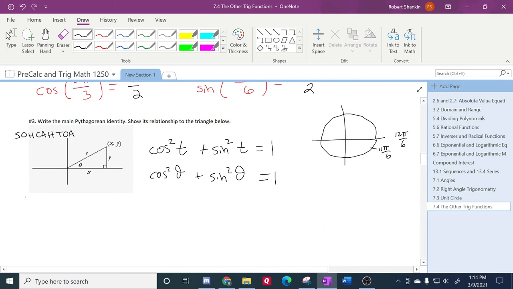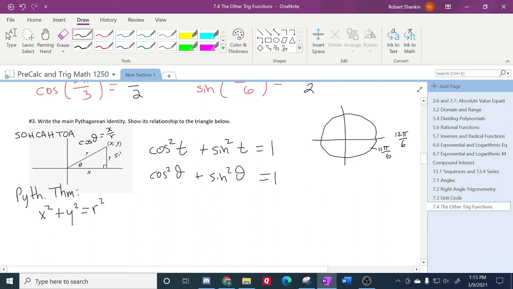Alright, so on this picture, the Pythagorean theorem, which is different than the Pythagorean identity, tells us that x squared plus y squared is the same as r squared. Now, cosine theta, let's look at this picture. Cosine theta is adjacent over the hypotenuse, x over r.